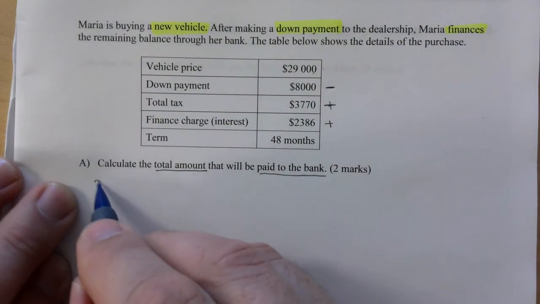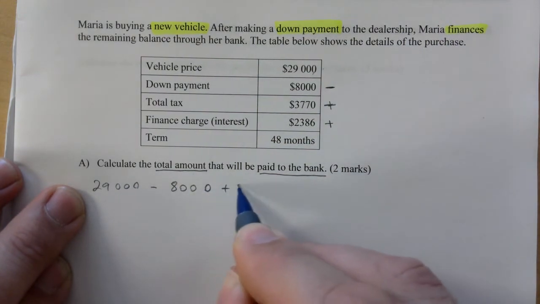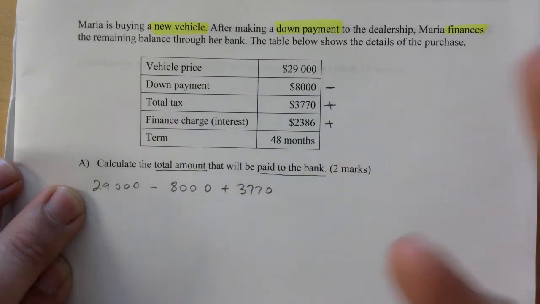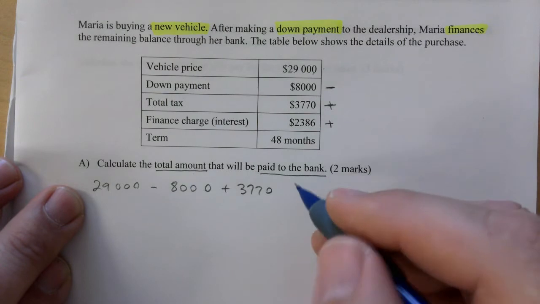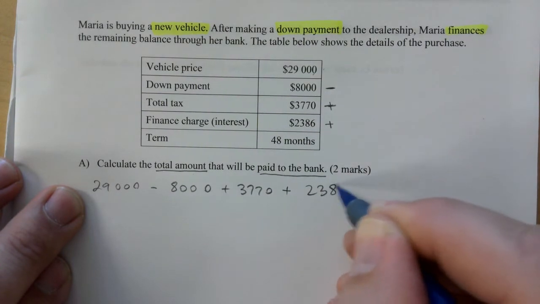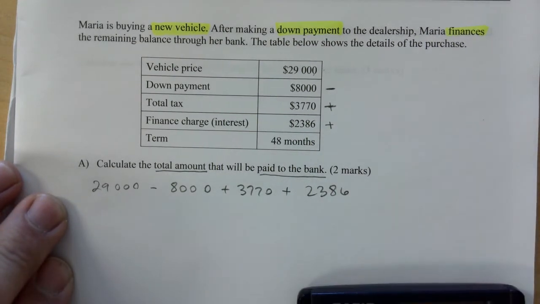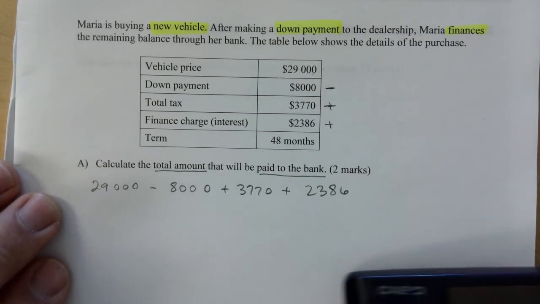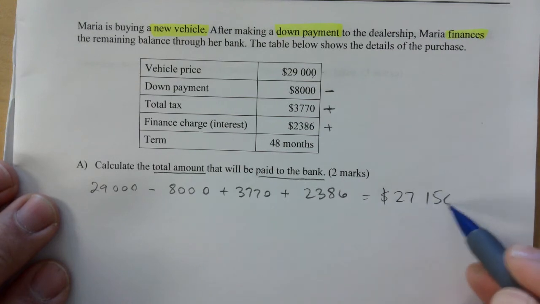So that'd be 29,000 minus 8,000 plus 3,770, because the taxes you have to pay, right? You would be adding that to your loan, plus the finance charge. And let's see what we get. It's 27,156.